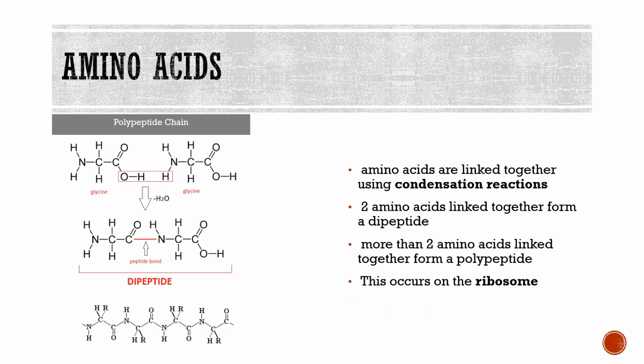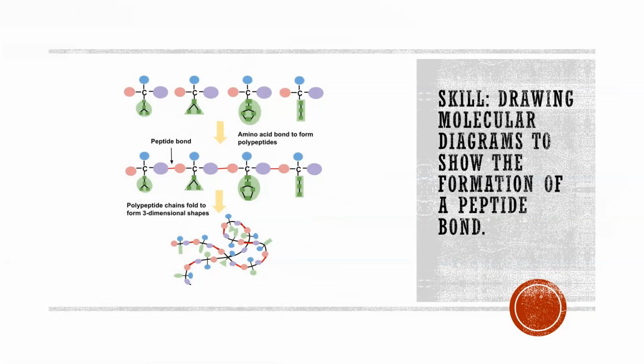This process of amino acids joining together, this condensation reaction, occurs on the ribosome in the cell. One of your skills is drawing molecular diagrams to show the formation of a peptide bond. We will practice this in class, but it is one of your skills.